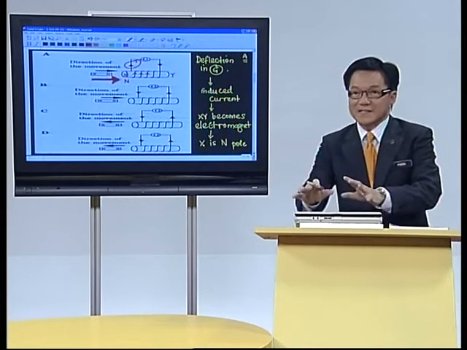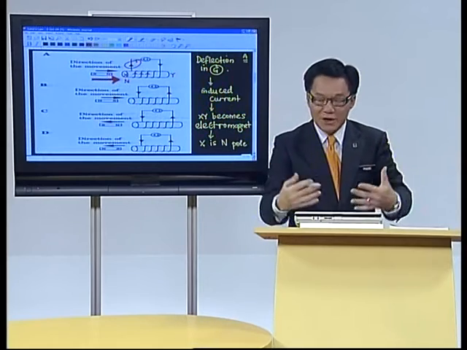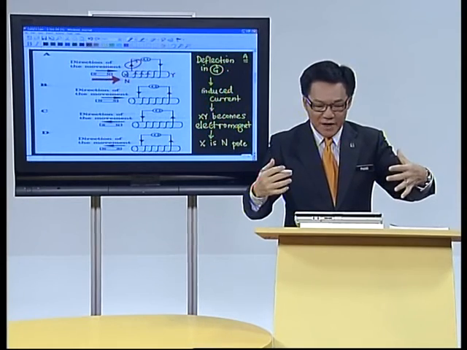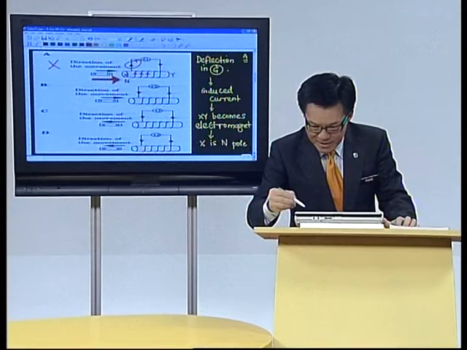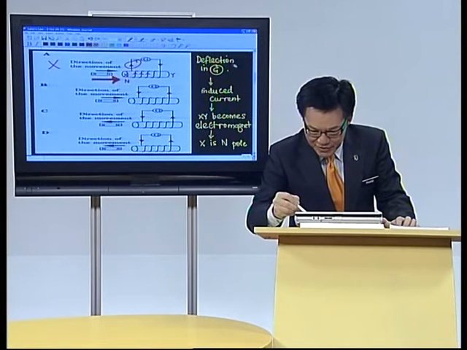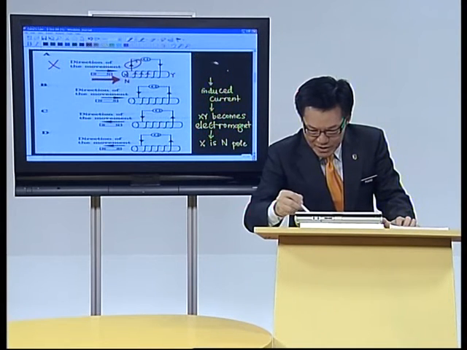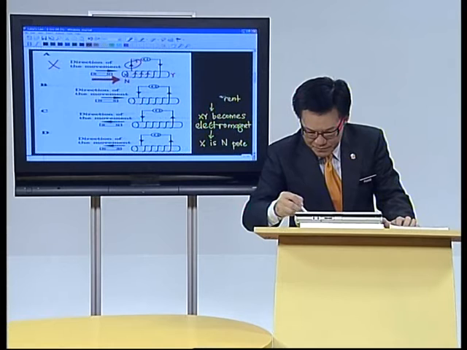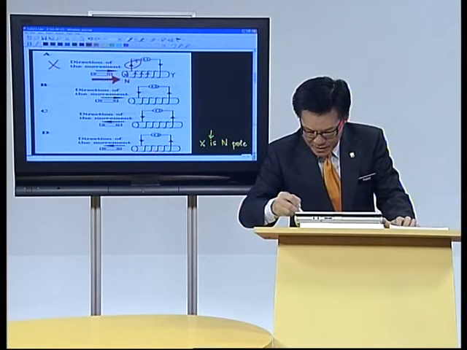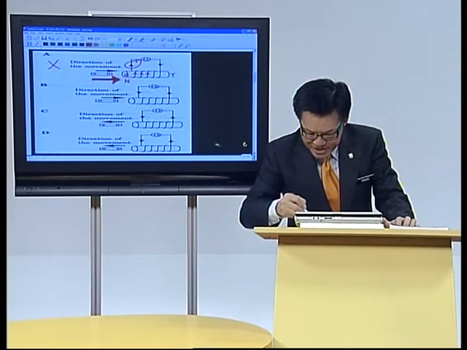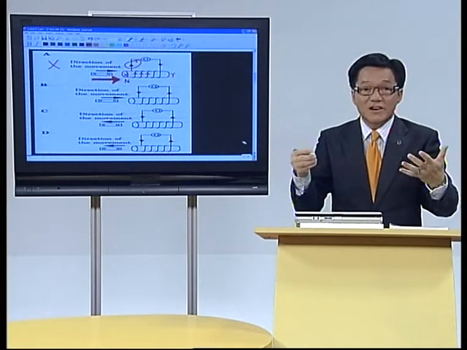Now, I'm going to erase this. I just assume that you have copied down everything that I have written so far. So A is not the answer, because it is opposite to what is given. Now let me erase this, and I'm going to take you through B. It is good for you to write things down over and over again.